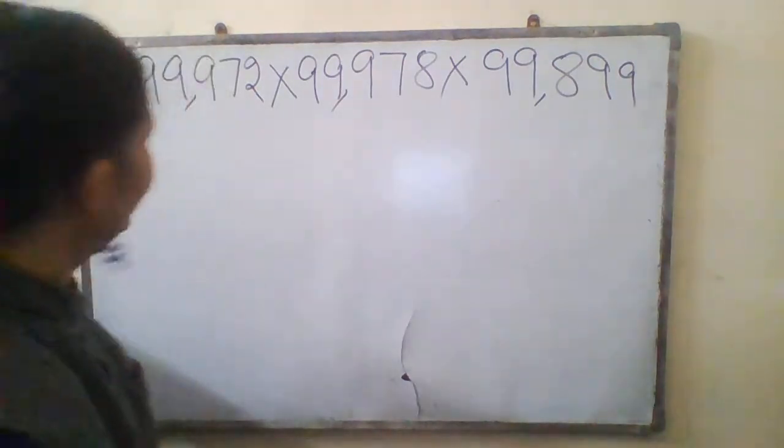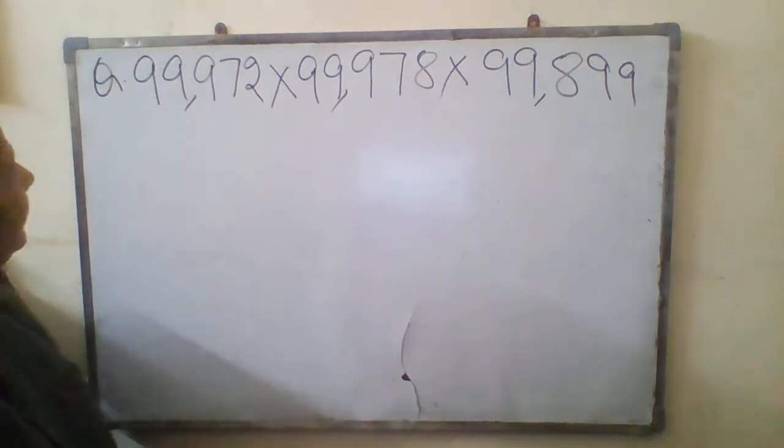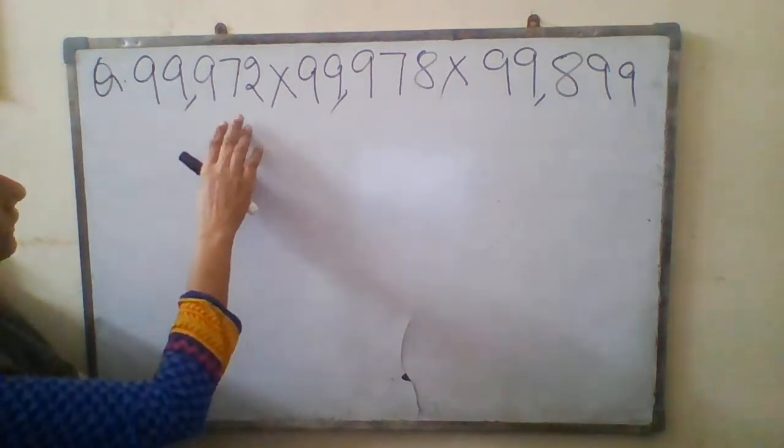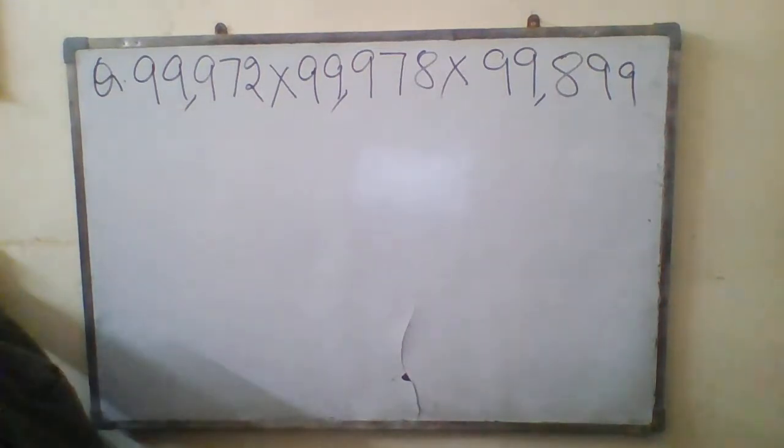Now look at this question I have written here. If you look at this question very carefully, first you have to look at the base. And what is the base here?